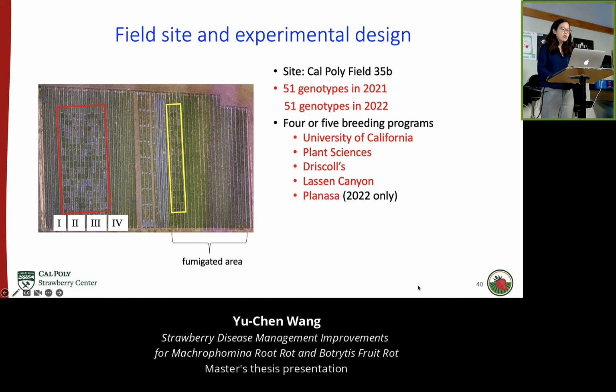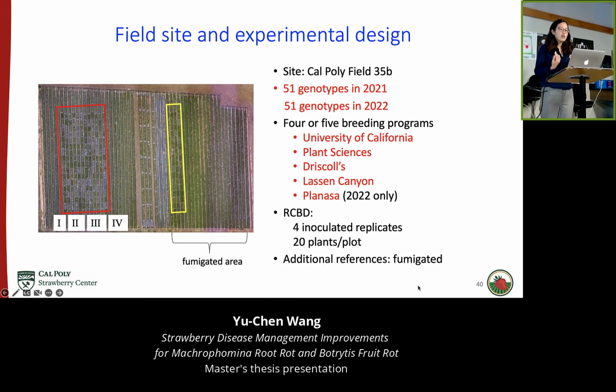The aerial view is showing the design of our experiment. We have 4 replicates that we artificially inoculate, every single plant. We also have an additional reference in the fumigated area where we plant 1 replicate, and we want to see how they perform.